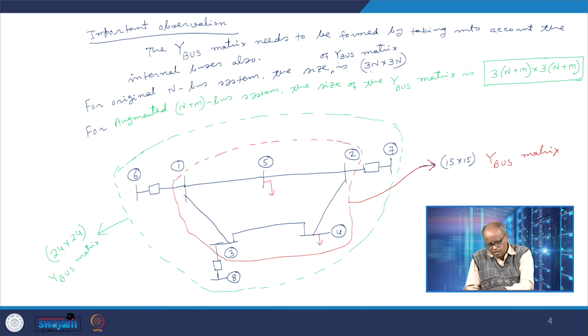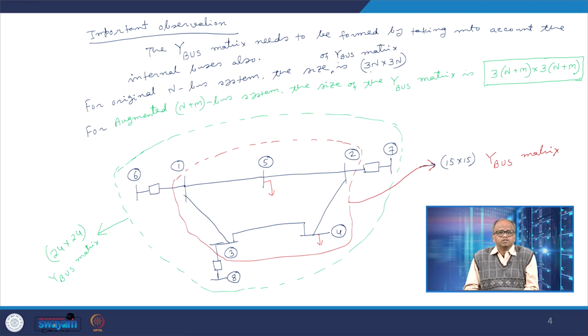As an example, at bus 4 I know PL4A, PL4B, PL4C, similarly QL4A, QL4B, QL4C, and at bus 5 I know PL5A, PL5B, PL5C, as well as QL5A, QL5B, QL5C.